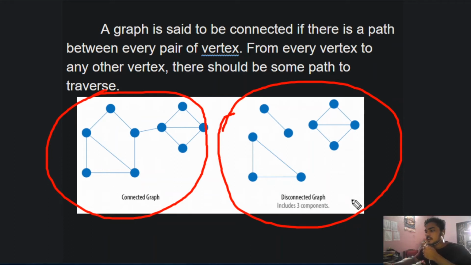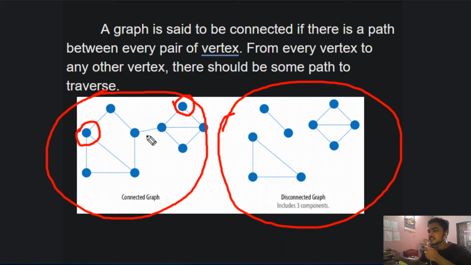So let's see why. What is a connected graph? You can simply understand that if we are in the graph, we are able to traverse from any node to any other node, through any path. For example, if we choose this one and this one, we should be able to traverse from one to the other.